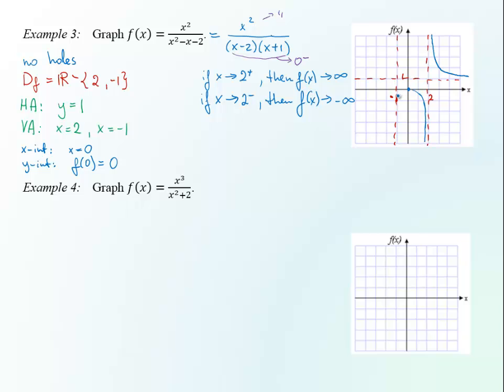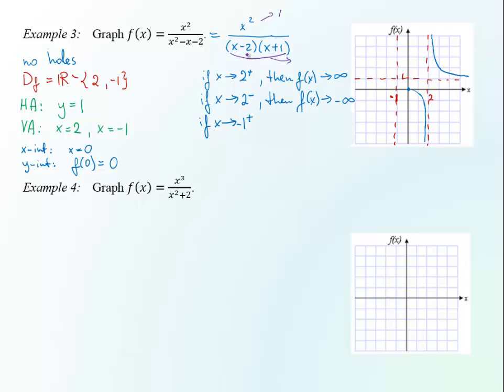Let's do the same for -1. If x approaches -1 from the positive side, that means by numbers a little bit larger than -1, then the numerator approaches 1 and the denominator, when x is a number that is a tiny bit larger than -1, for example -0.99, then this bracket becomes a very small positive number, nearly 0 but positive.